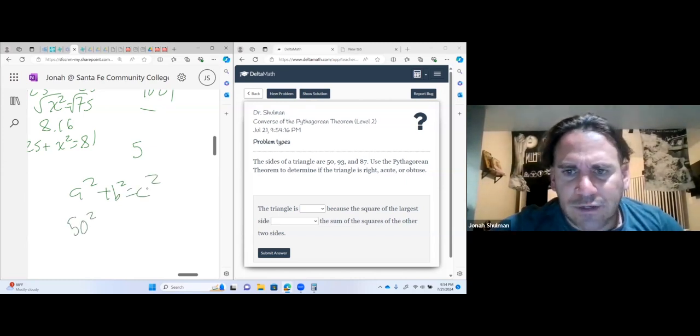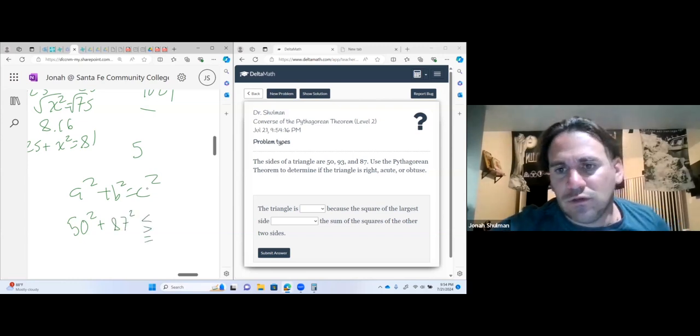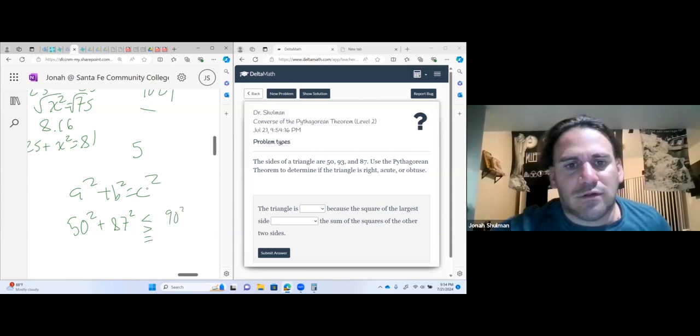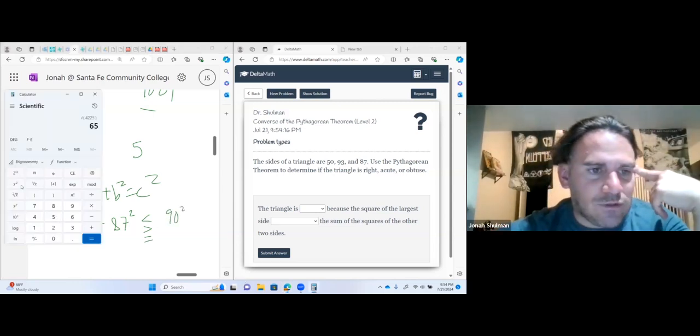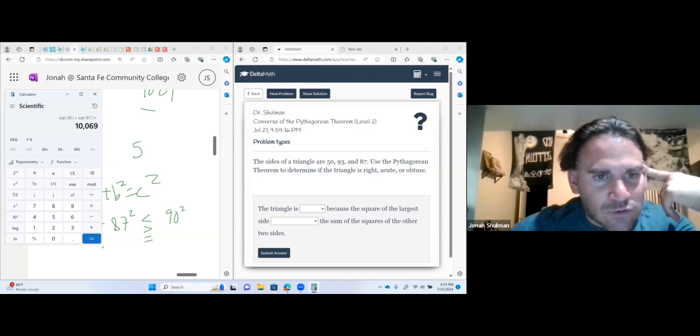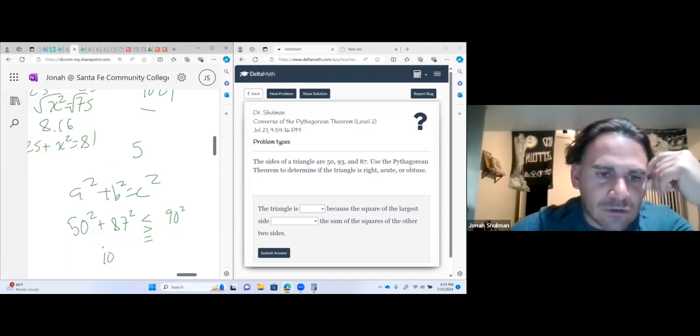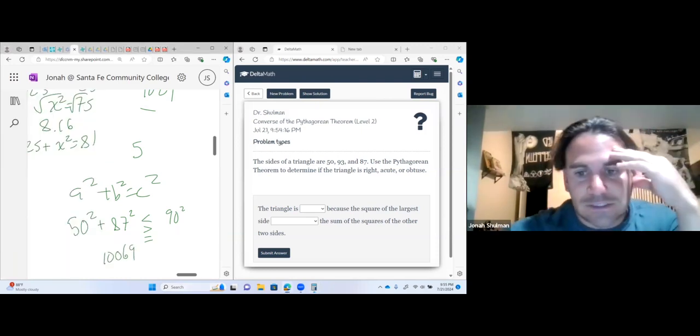So 50 squared plus 87 squared. Is this bigger, less than, or equal to 93 squared? That's all you have to do. So let's work it out. So I have 50 squared plus 87 squared equals 10,069. And the other side is 93 squared.